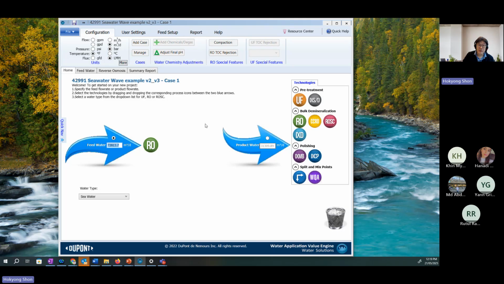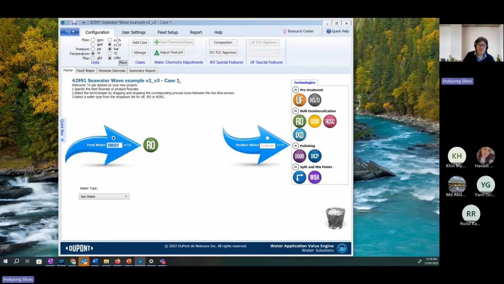So you can practice with the small scale, and then you can enlarge the overall feed water based on your number of trains. Otherwise, you can just refer to the example from the library, and then change a little bit of your feed water capacity and product water, which can make your design better. So you can have a better approach to complete your summary report.